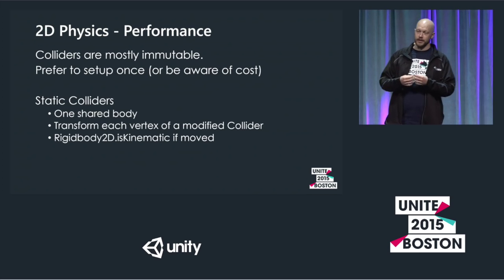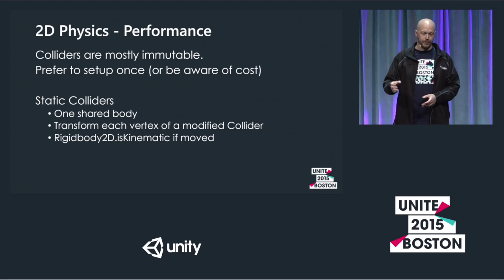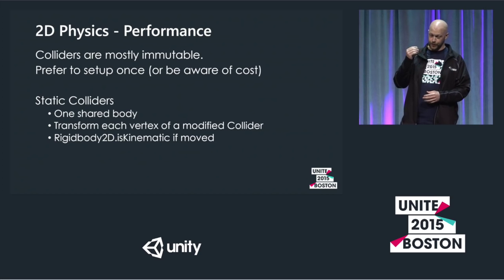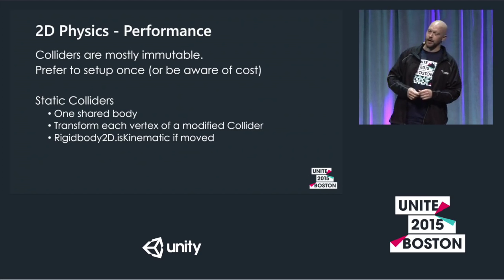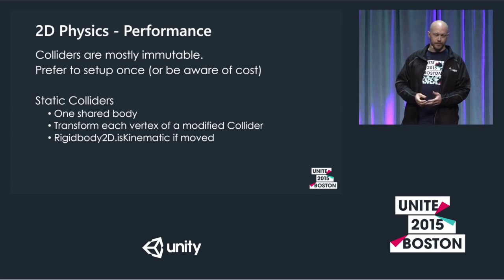But it kind of doesn't expect you to start changing the colliders, modifying it, scaling it. Of course, you can do this. If you're making a game where changing and mutating things is important, then you should just beware of the cost of doing it.